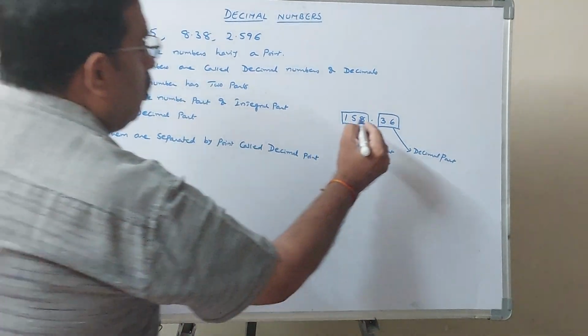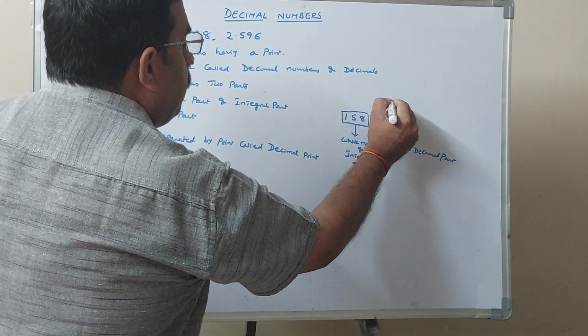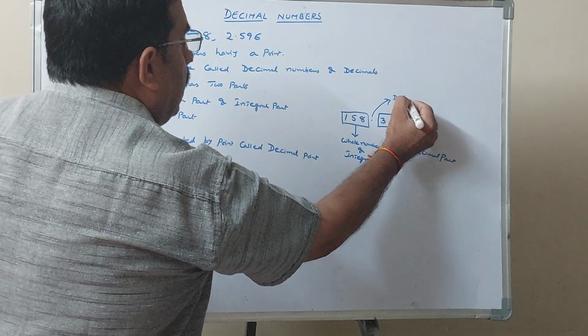Clear? This is called the decimal point. Clear?